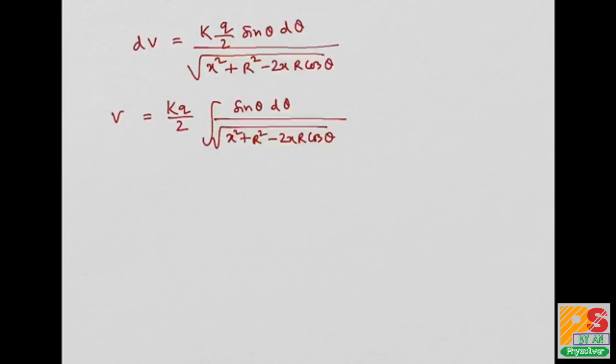Now the limits. For the limits, this is the shell, you can see this is the circular ring, right? And this angle is theta.